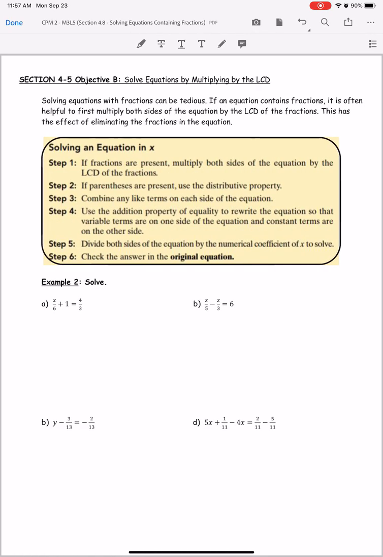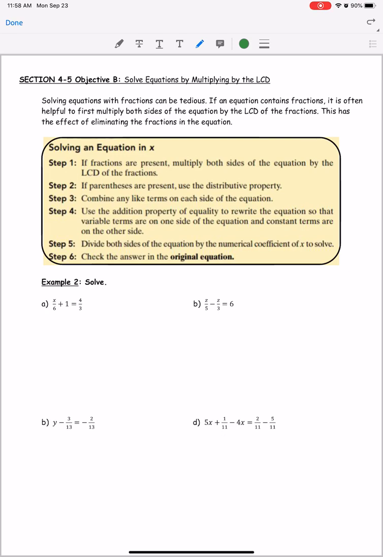When you go to this page here, the second page, now if you notice, you have a fraction plus a whole number equals something else. So we've got a two-step problem here. So it says solving an equation with fractions can be tedious. If an equation contains fractions, it is often helpful to first multiply both sides of the equation by the LCD of the fraction.